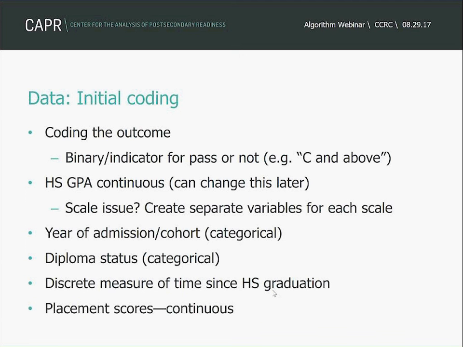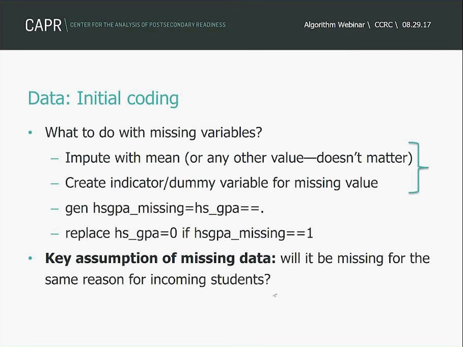Yeah, so it's a good question. Like you said, it introduces missing data, but this missing data actually isn't really an issue here. I'll come back to this slide, but let me tell you what I do with missing data, because I think this might help answer the question. So I'm going to go ahead one slide to what to do with missing variables.